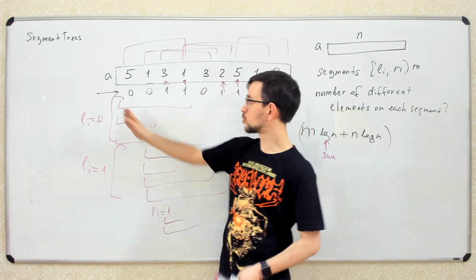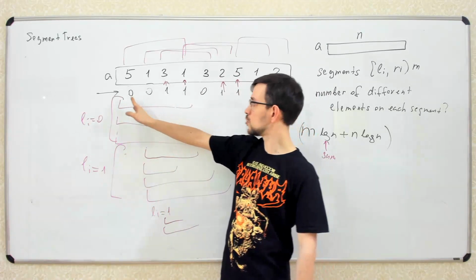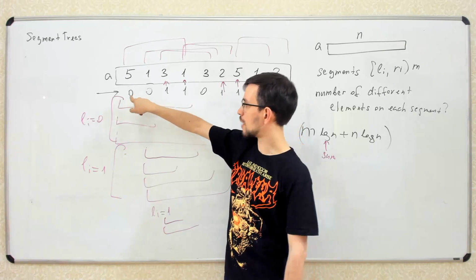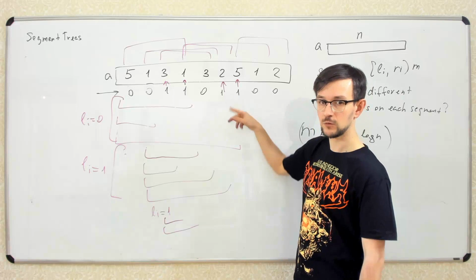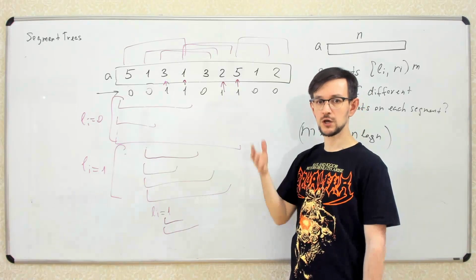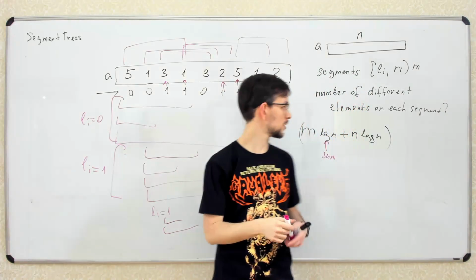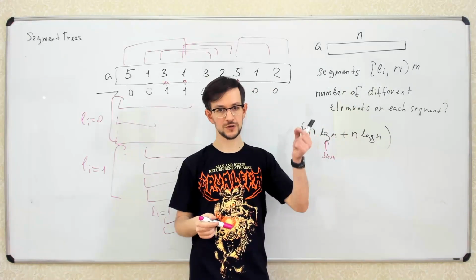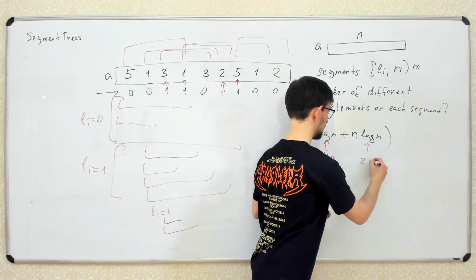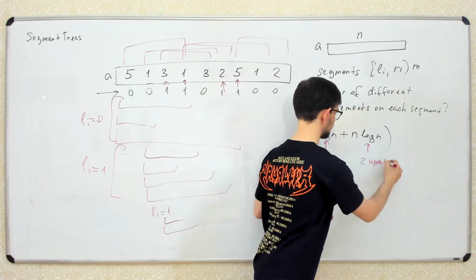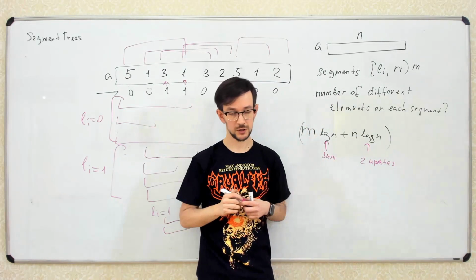And now you move to the next position. When you move to the next position, you need to update the segment tree here, update the segment tree here. So you make 2 updates in the segment tree, and each update costs you log n time. So when you move the left border of the segment, you need to make 2 updates of the segment tree.